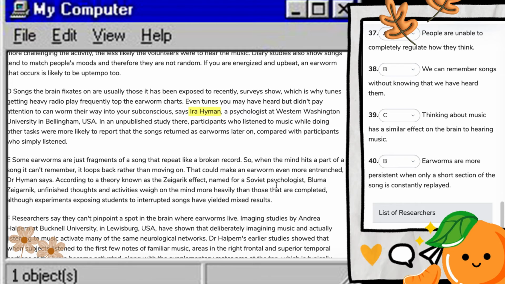It keeps moving back like a loop. It is entrenched in our brain. So the answer for question 40 is B. Earworms are more persistent when only a short section of the song is constantly replayed.